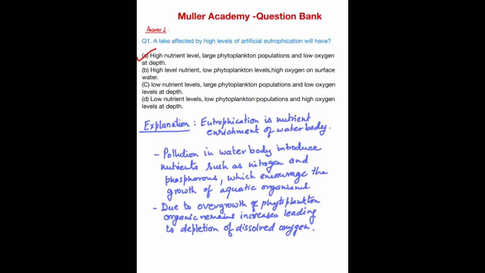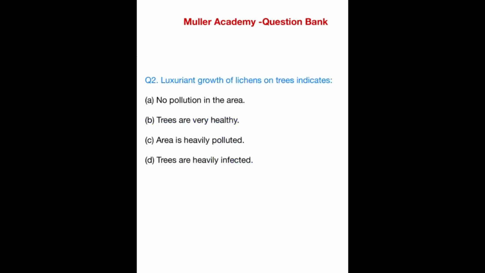When population is large, they use a lot of oxygen in their respiration. So what will happen? The oxygen level will be less. So the first option, with high nutrient level, large population of phytoplanktons and lower oxygen, will be the situation in that pond.